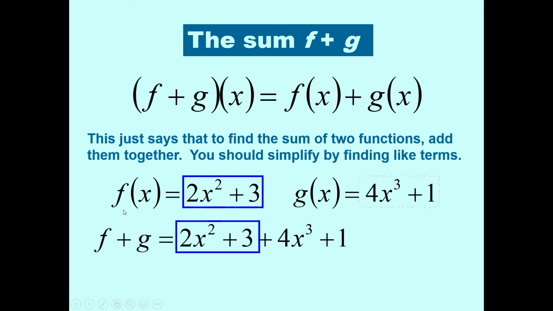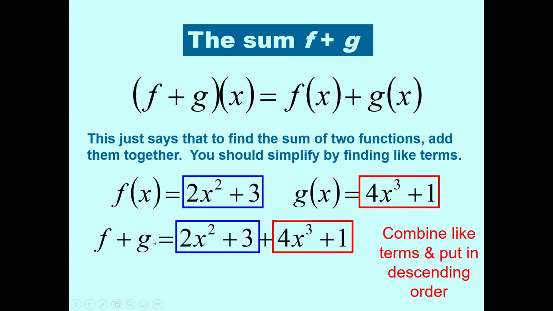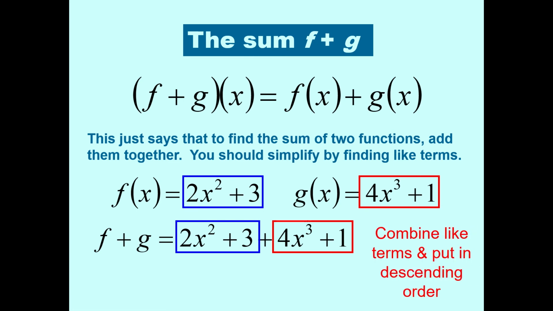So this is f plus g. We can combine like terms, but the like terms are only the constant terms, 3 and 1. The others we write as they are.